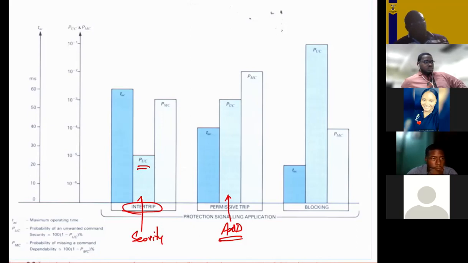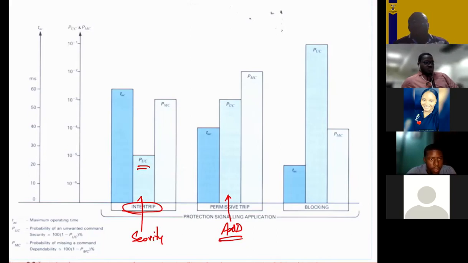So with that in the back of our heads, what we're saying is that the intertrip requires higher security. Because if you have the system being influenced by an unwanted signal, meaning if the probability of an unwanted signal is high, meaning low security, then it's going to cause the intertripping scheme to operate when it should not.